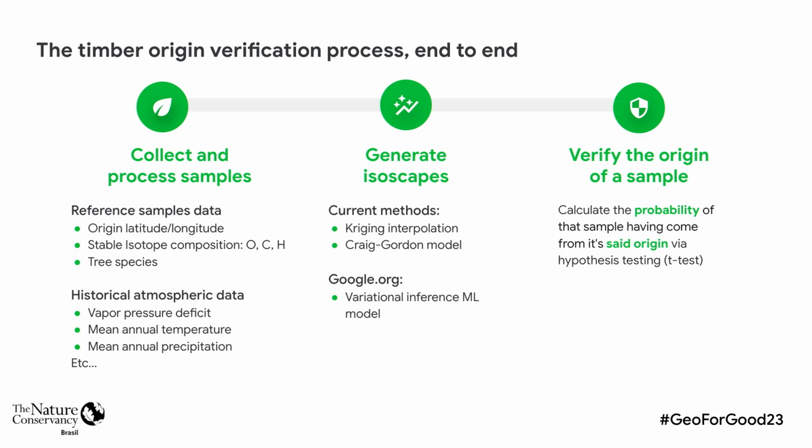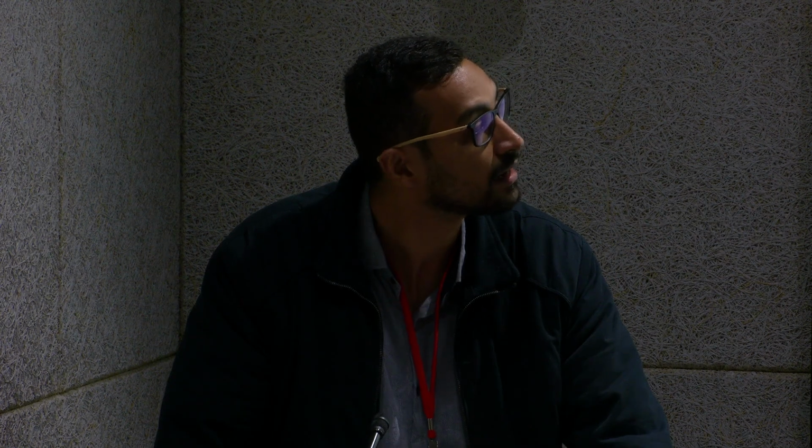Here, I will talk with you about collecting data. To do that, you have to collect samples and process these samples. We are using information available on Google Earth Engine, and Google engineers helped us develop this effort.